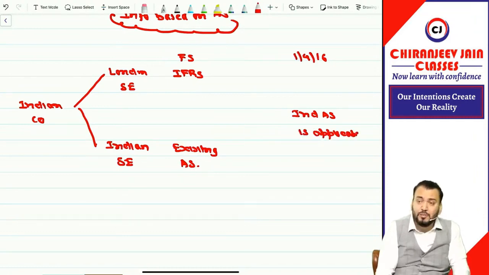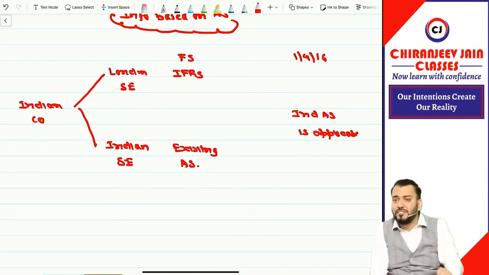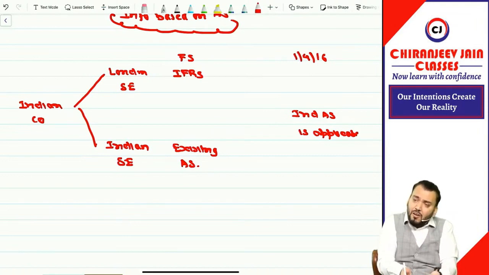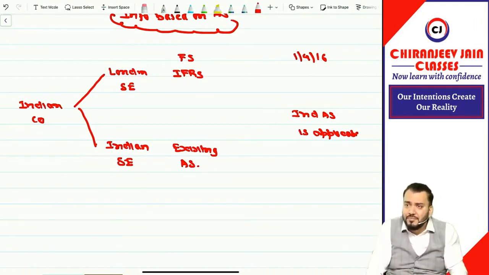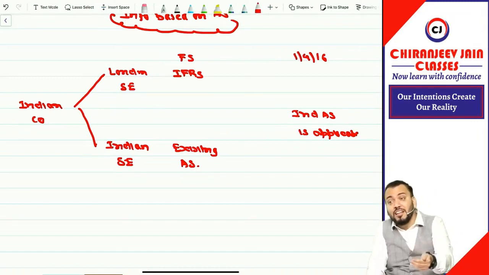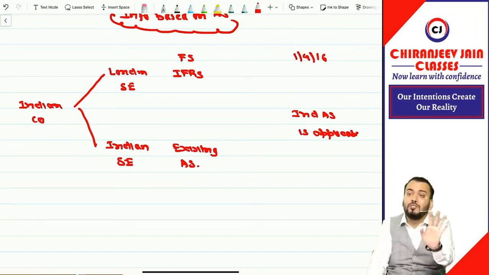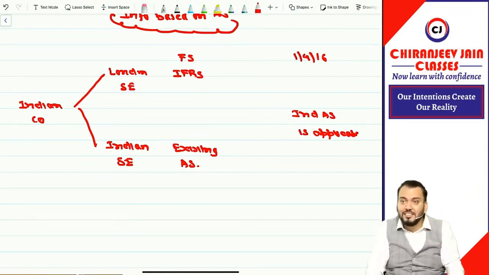And again, the difference between IFRS and Ind AS is only 5%. So what they will say is, sir, we are already applying IFRS, which means we are already preparing financial statements based on IFRS. So there is no need to adopt Ind AS. Are you getting?